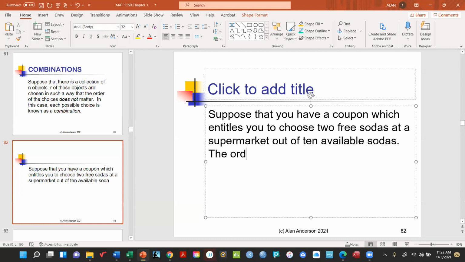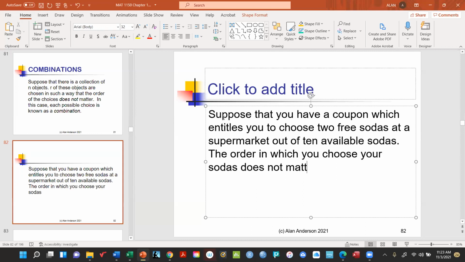The order in which you choose your sodas does not matter. Therefore, each choice is a combination.